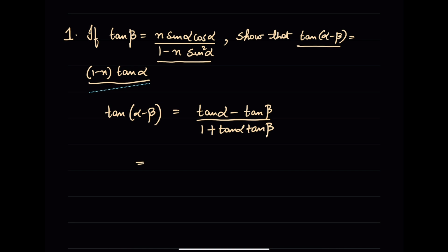Now let's substitute the value of tan beta here, and let's change tan alpha to sin alpha by cos alpha. The reason is the value of tan beta is expressed in terms of sine and cos.